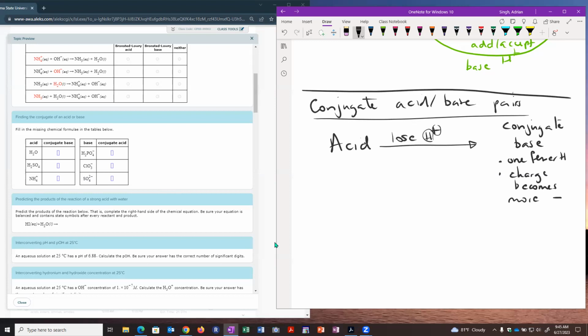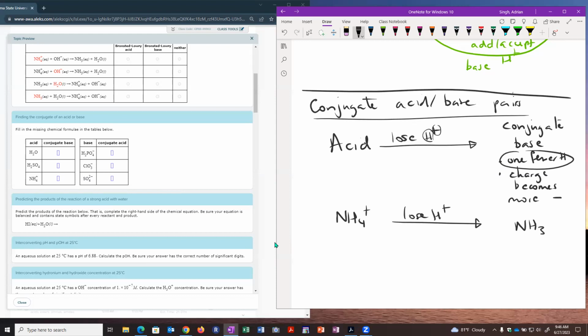All right, so let's do the one down here, NH4 plus. So if NH4 plus is acting as an acid, we're going to lose an H plus from this. So it's going to have one fewer H. So instead of having 4 H's, it's going to have 3 H's. And the charge now becomes more positive.